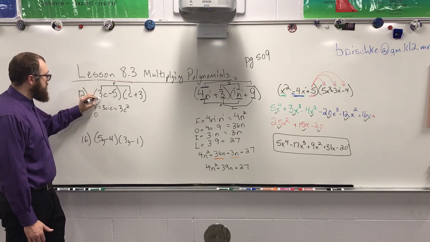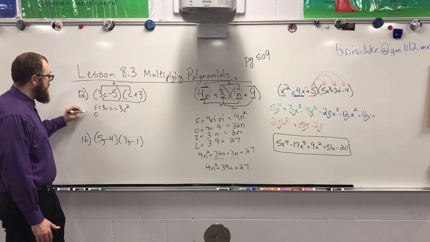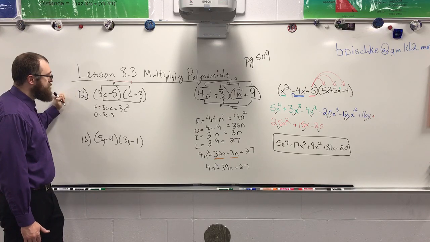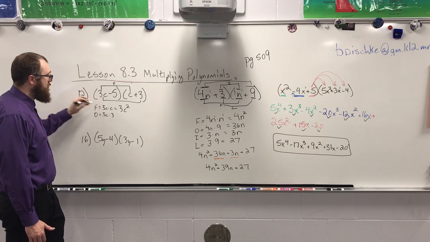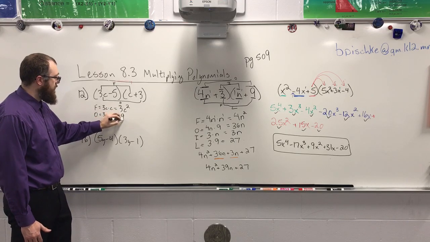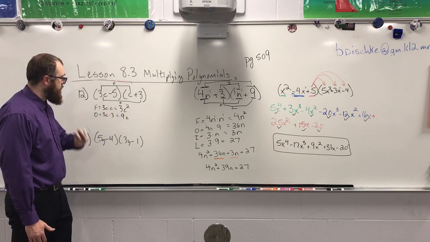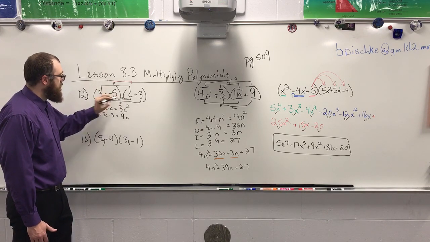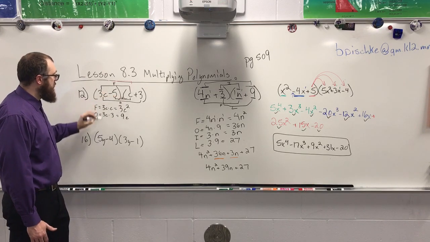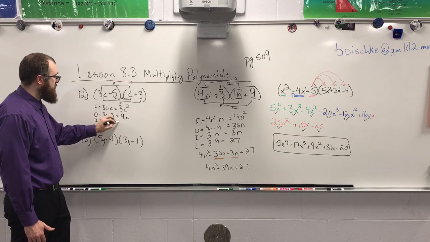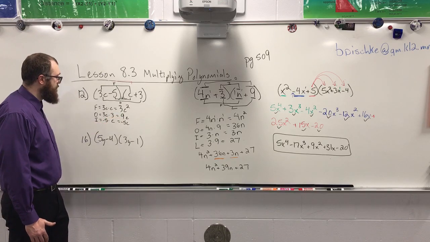My outers give me 3c times 3, which is 3 times 3 is 9, c times no c is c. My inners give me negative 5 times c, which is negative 5c.